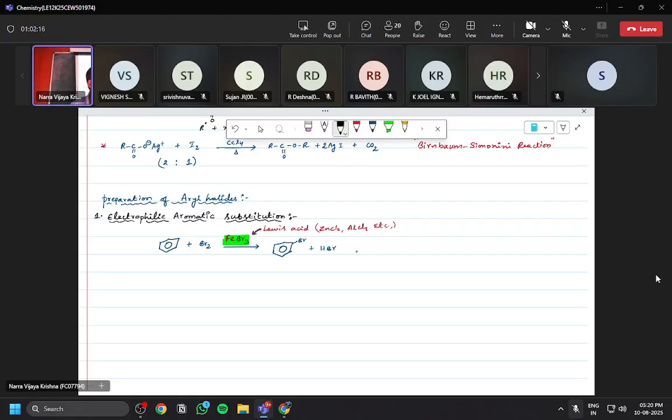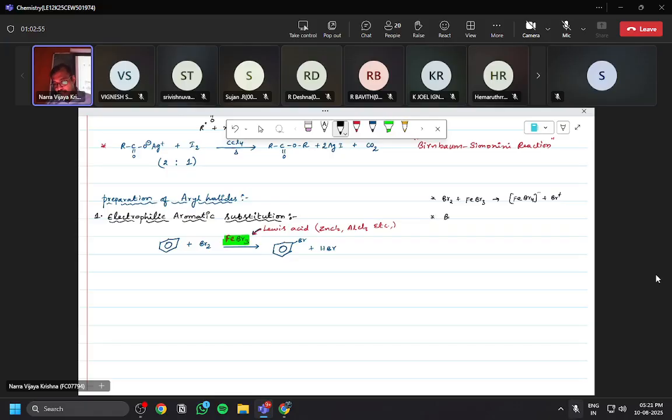Electrophilic aromatic substitution. Is it necessary to discuss the mechanism? No need now. First Br2 will combine with FeBr3 to form FeBr4 minus and Br plus. Br plus will attack the benzene ring to form bromobenzene. The intermediate is called Wheland intermediate, or sigma complex, or arenium ion. In short form, I will write: Br2 plus FeBr3 gives FeBr4 minus and Br plus.